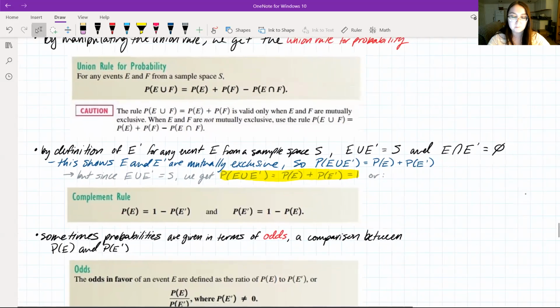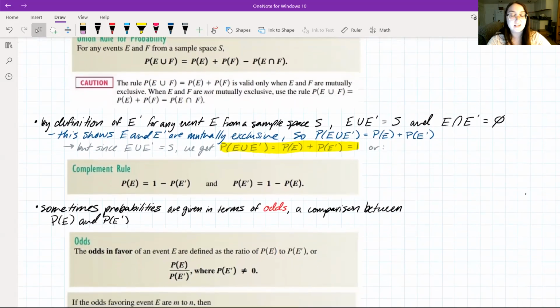So by definition of E prime for any event E for a sample space S, E union E prime is equal to S. So this means all of our elements in E and all of our elements not in E is going to be equal to our sample space. And E intersect E prime is equal to the empty set. And that's because they're mutually exclusive events since they can't occur at the same time.